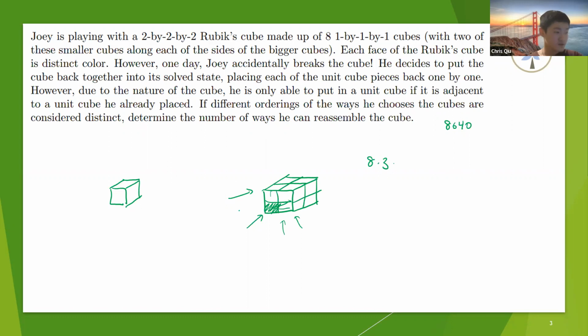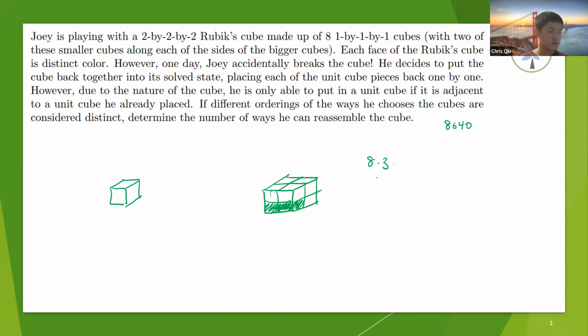Now let's just say that he chose this cube. So he's reassembled these 2 cubes, and now he has 4 more cubes that are adjacent to these 2 that he can reassemble next. These 4 are the 2 on top and the 2 to the back of these 2 cubes. So there's going to be 4 ways to choose what cube he's going to reassemble next.